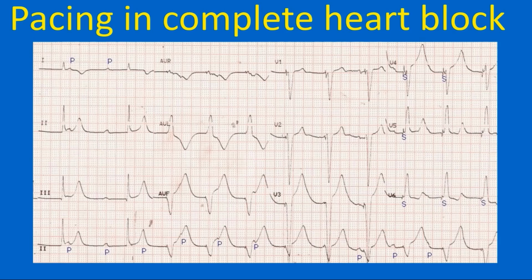T wave inversion in lateral leads in the paced beats is secondary T wave change due to primary abnormality of depolarization sequence, with the right ventricle being activated first and the left ventricle activated slowly by spread of impulse through the myocardium. QRS complexes are negative in inferior leads as the activation starts from the apical region and spreads upwards away from the inferior leads.